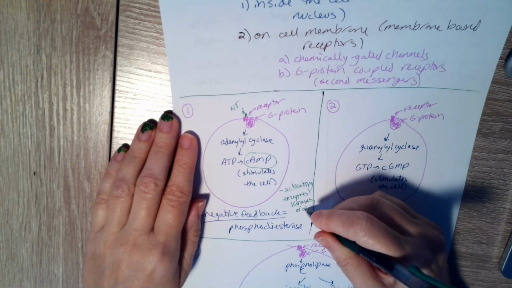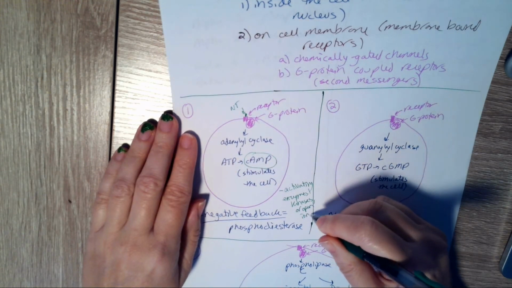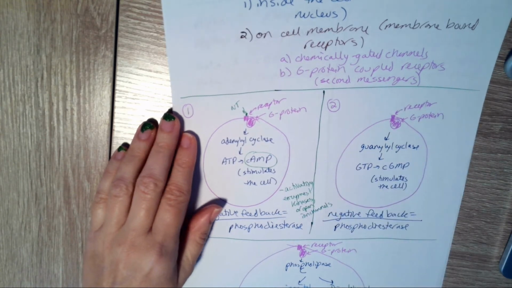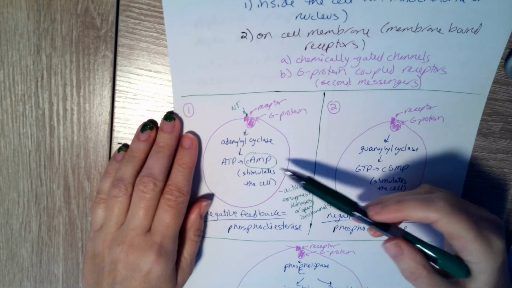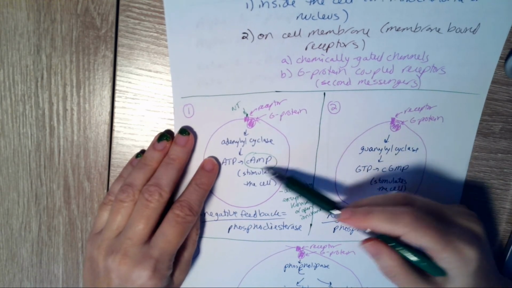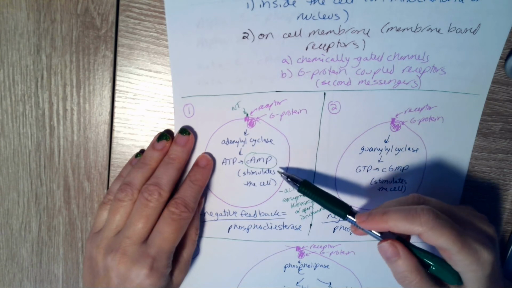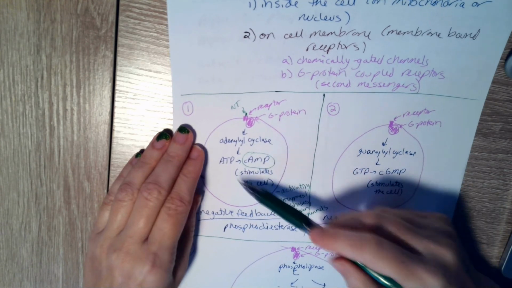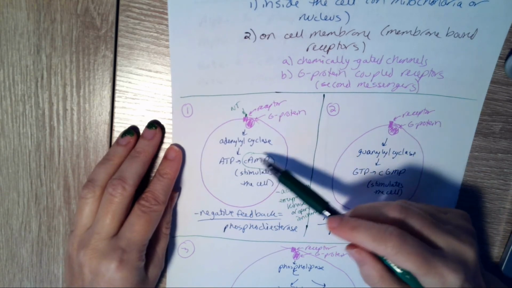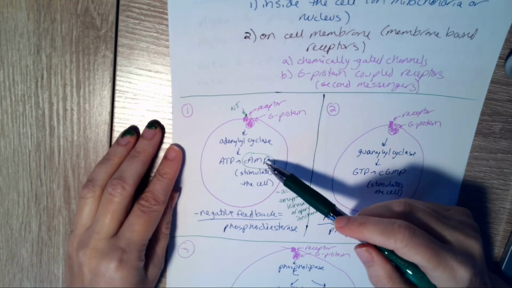Or it can open ion channels too, like a sodium channel, for example, or a calcium channel. It really depends on what this cell is. It'll have various different effects depending on what that cell is. So that is our second messenger system there for cAMP.